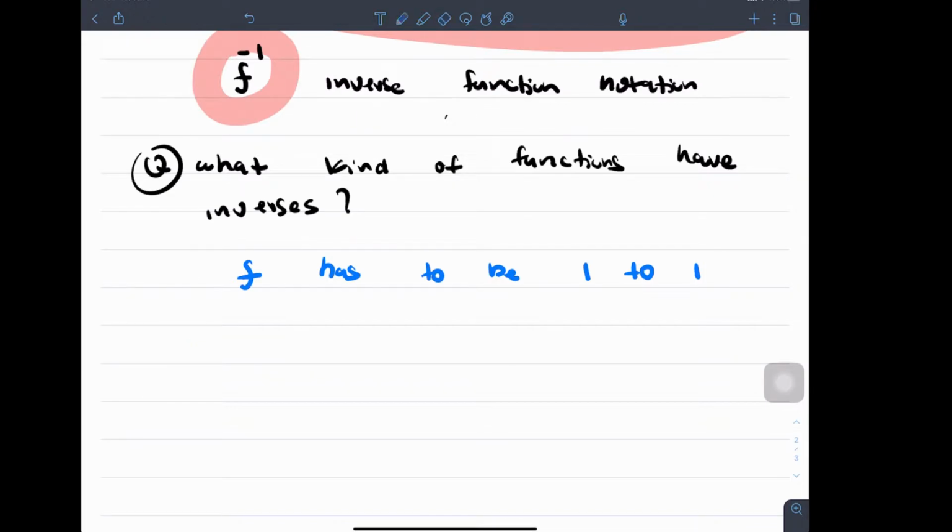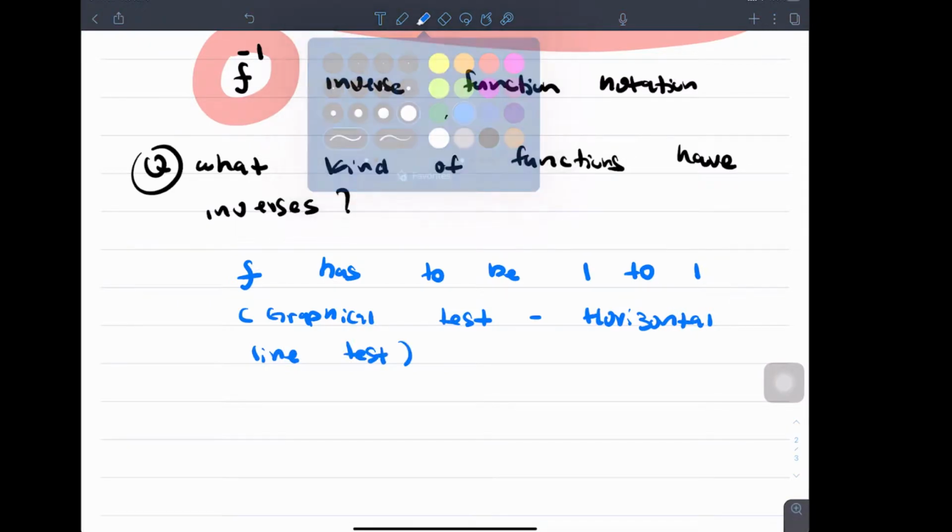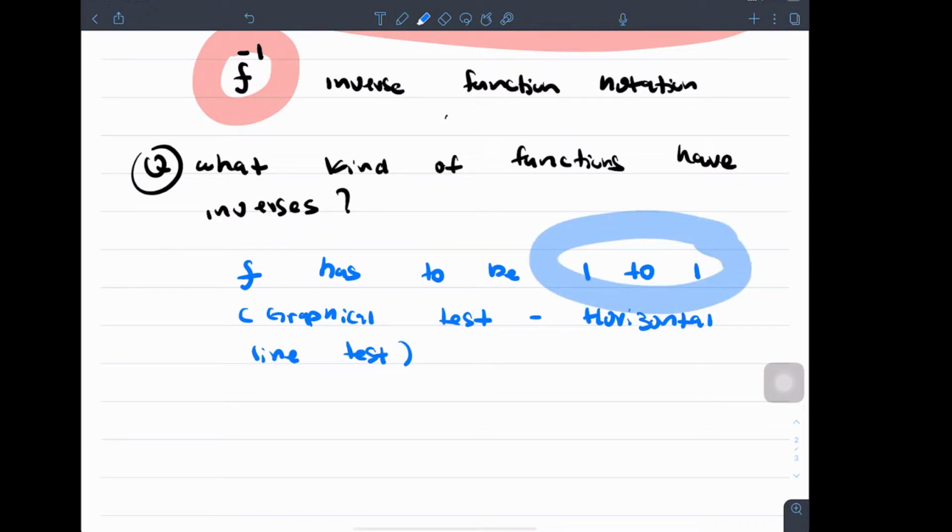In fact, you have a graphical test. What's the graphical test for being 1 to 1? You guys know what it's called? Yep, the horizontal line test. So your function has to be 1 to 1, and it's the horizontal line test.